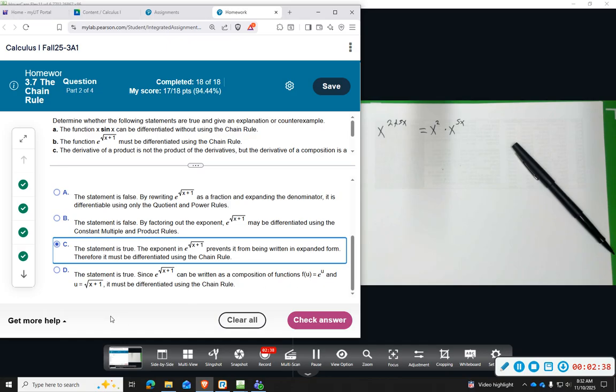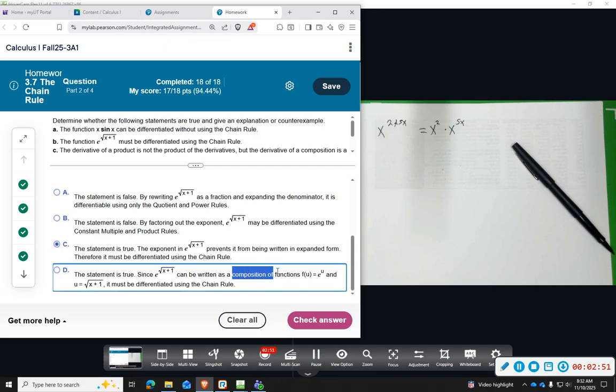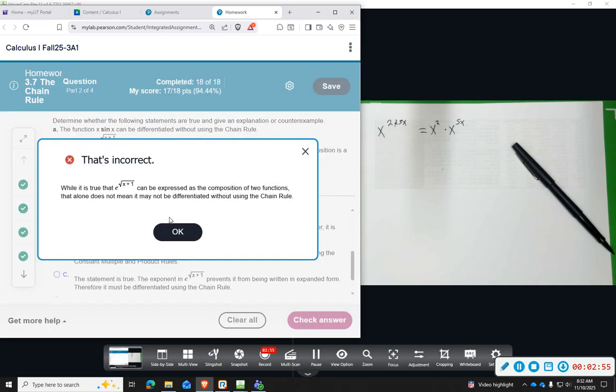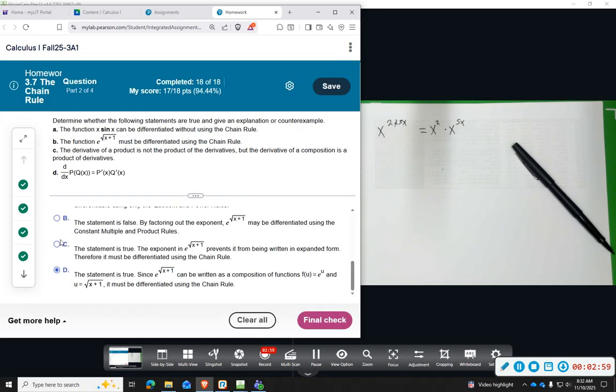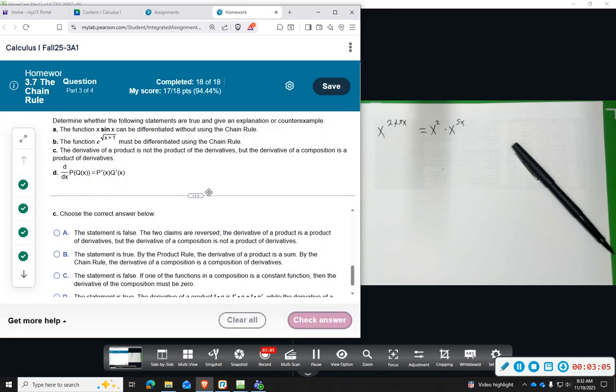That's using substitution, which would still cause us to use a chain rule. So I think the explanation here is incorrect, but if you did use the substitution, that's just, again, using the chain rule. This is not a composition of functions, so just be careful. What did I pick? Oh, I picked D. C is the correct answer. When I clicked that one, it chose D, but C is the one that we want.